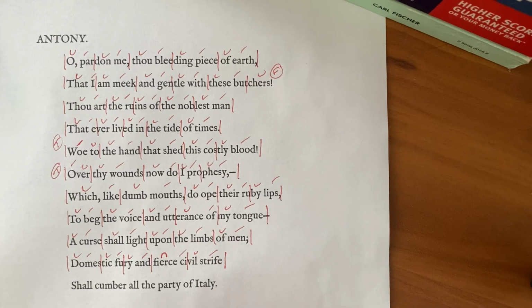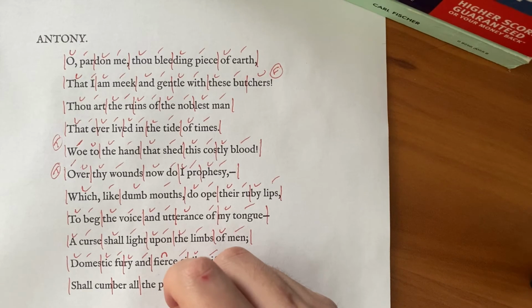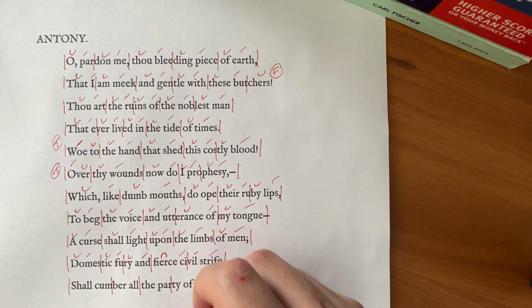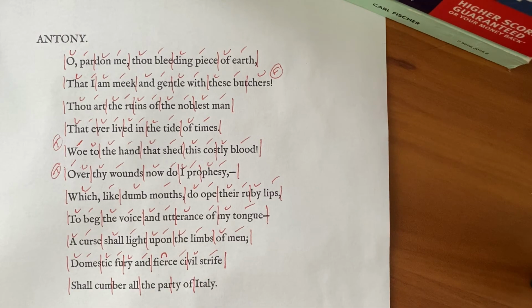And let's do the last line. "Shall cumber all the party." Ooh, so this is a little short. Shall cumber all the party of Italy. How are we going to handle that? We could use our dactyl to make this "Italy," these last three syllables.